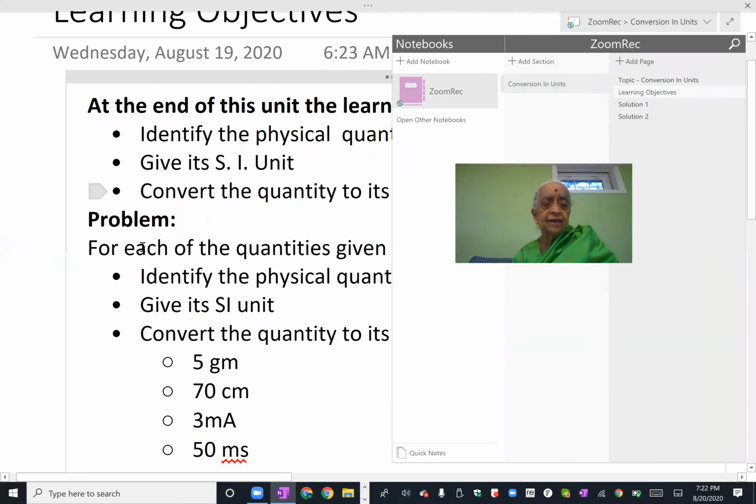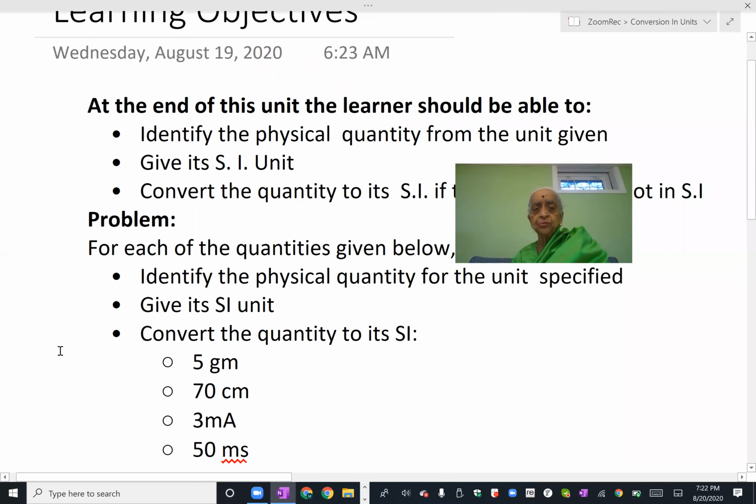This is the learning objectives that I am going to aim at, that the students should be able to. At the end of this lesson, they will have to identify what is the physical quantity that is talked about from the unit that is given in the quantity. If I give you the quantity, you should tell me the unit. If I give you the unit, you should be able to identify the quantity.